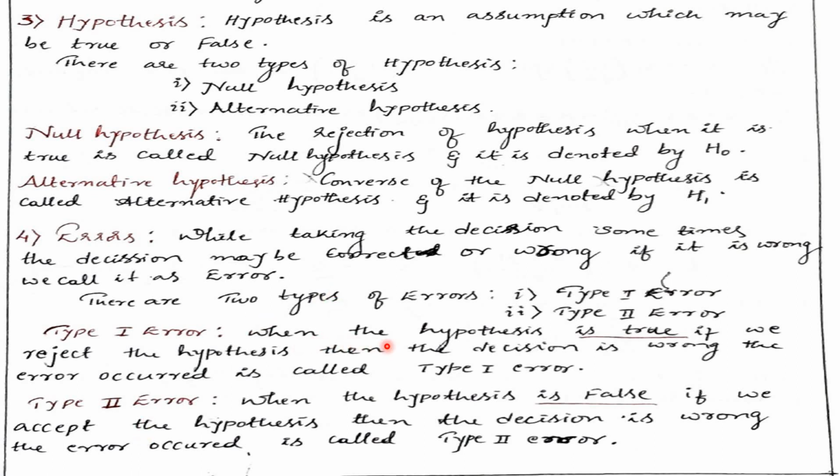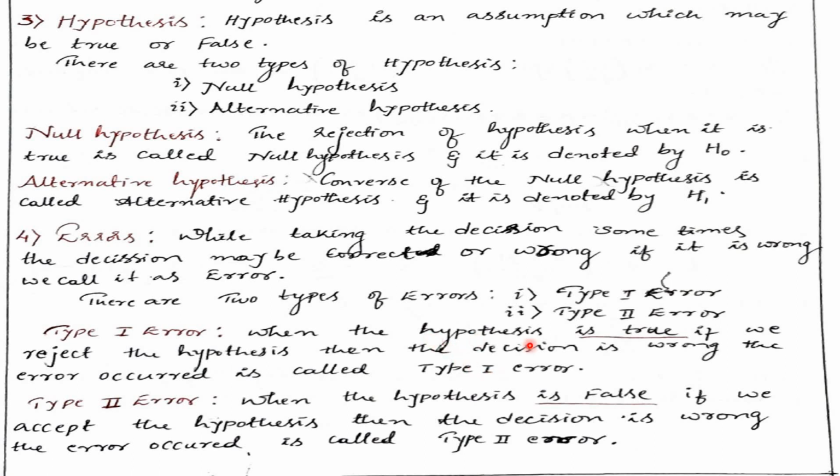When the hypothesis is true, if we reject the hypothesis, then the decision is wrong, and the error occurred is called type 1 error. What is type 1 error?